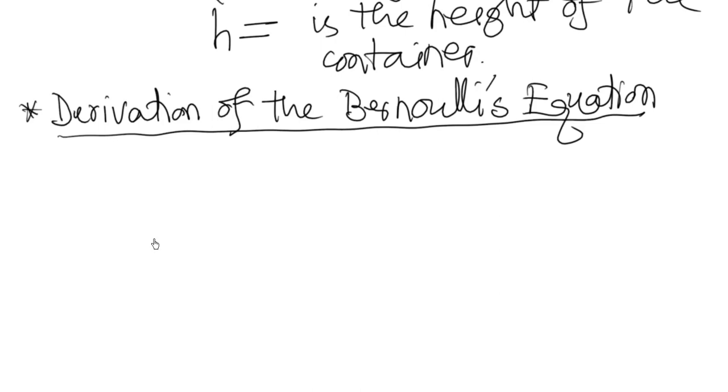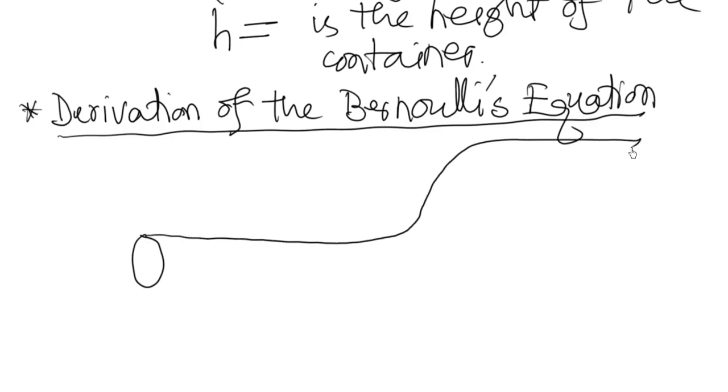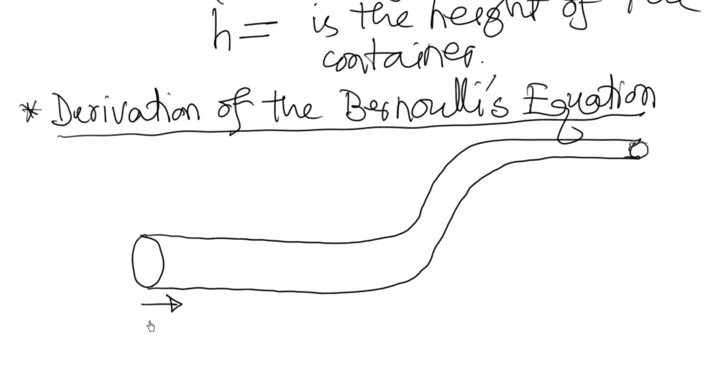Okay, here we shall consider a pipe. Let us say the velocity here is v1 and the velocity here is v2, pressure is p2, pressure is p1, and the area of cross section is A1.